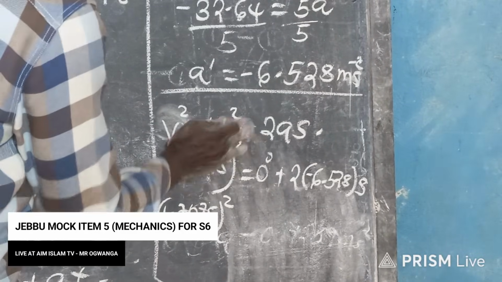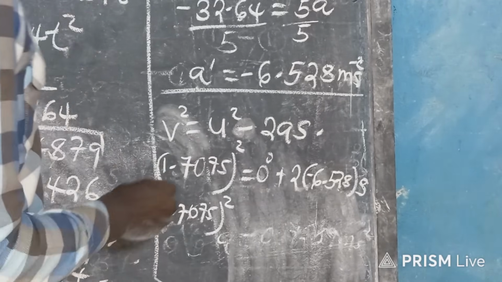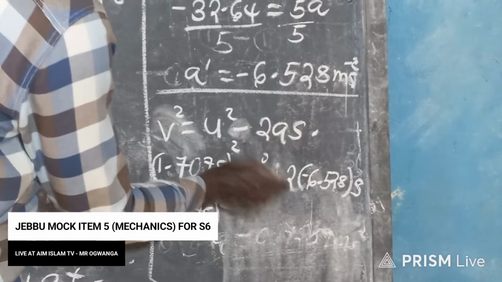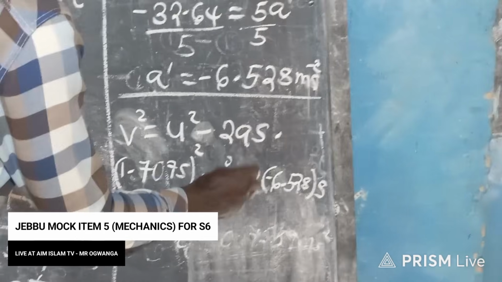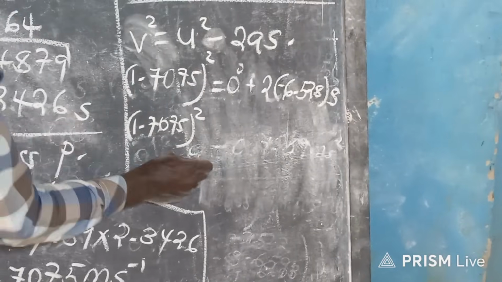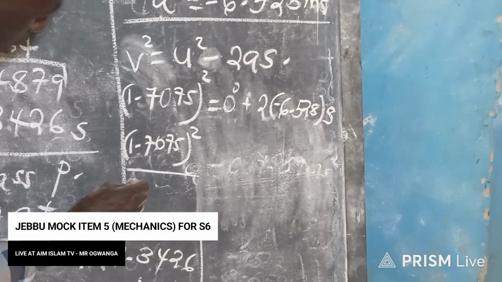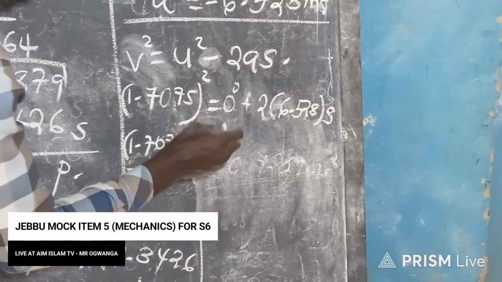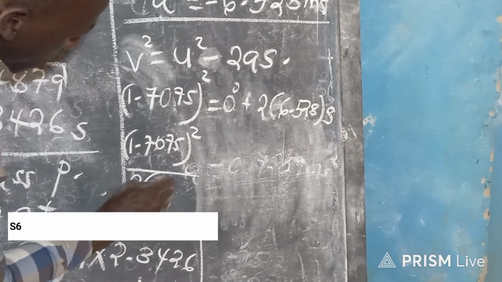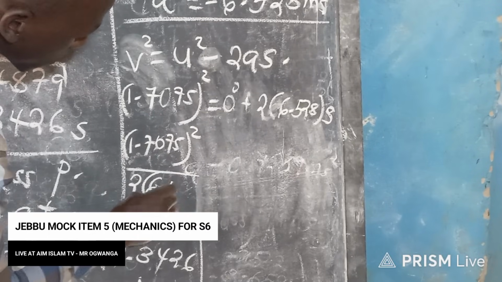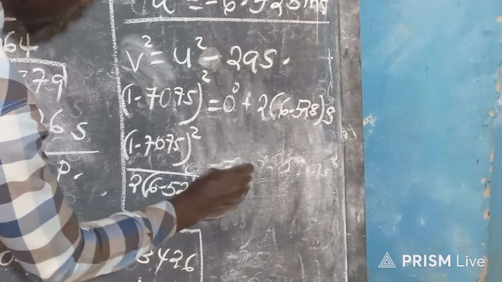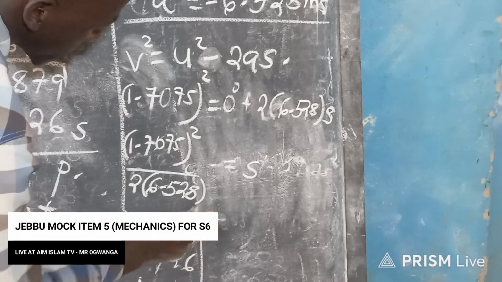In fact, this one here is supposed to be negative, because it's moving backward. So being negative, if we multiply it, we are going to multiply this times 2 into 6.528. Then we obtain our distance.